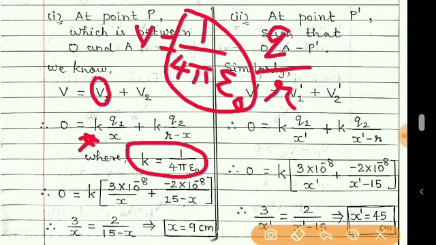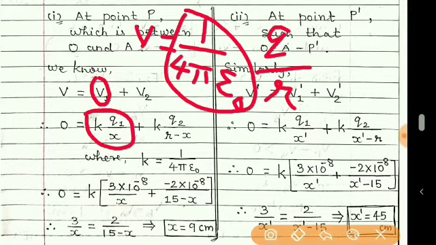So here also we will use this formula: potential due to charge Q1 is K Q1 upon distance x. Similarly, potential due to the second charge is again K, but charge Q2 upon distance r minus x.